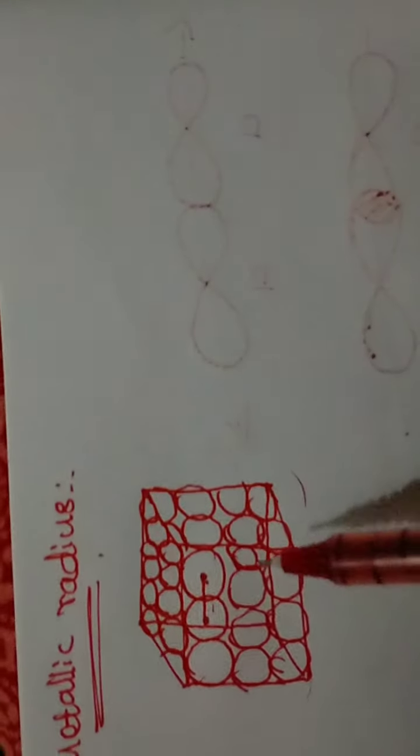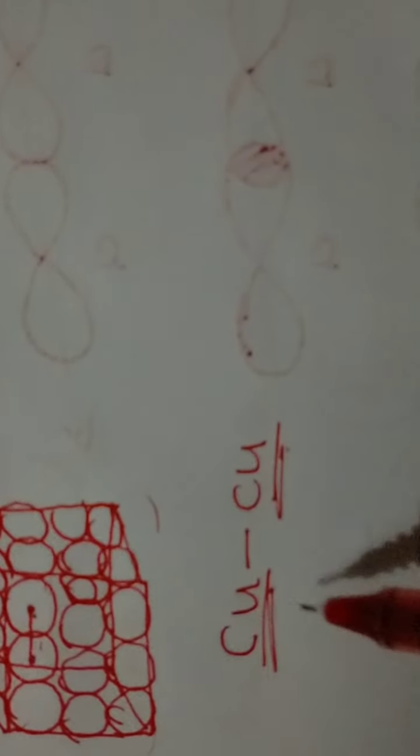This is a metallic crystal lattice, which contains only metals. The metals are connected together by a metallic bond. For example, you can take a metallic bond between copper and another copper. You know that this is one metal, and this is also one metal, both the same. So the first copper is connected with the second copper by a metallic bond.